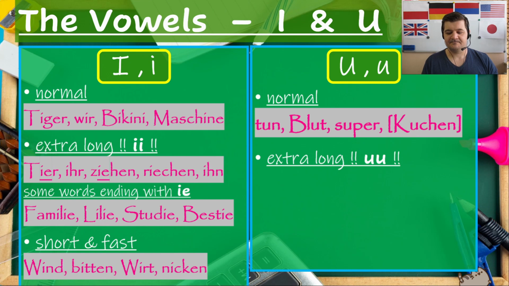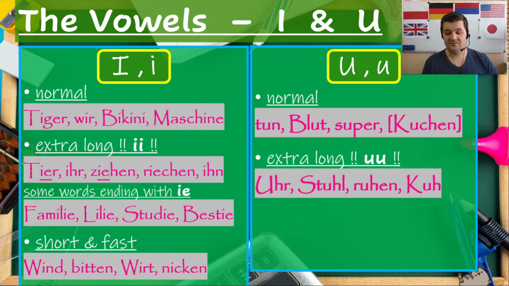So it's not a long single sound. It's two sounds actually. So well, this is the trouble here a bit, but still you can do a long U by putting an H here. So you could have words like die Uhr or der Stuhl or ruhen.